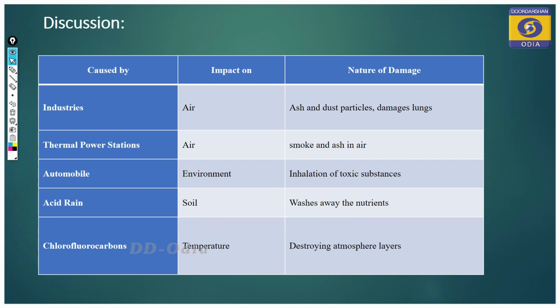Moving on to the second subsection, thermal power stations. What do they impact? They impact the air. In which possible way? They release smoke and ash into the environmental air. Then moving on to automobiles, what do they impact upon? They mostly impact upon the environment. And what is the nature of damage?